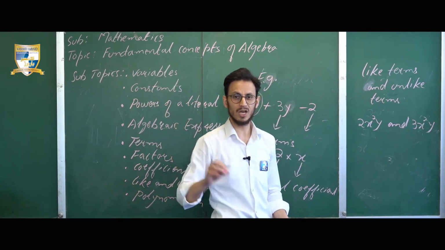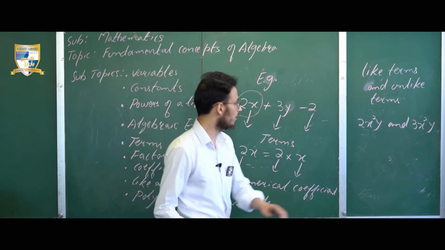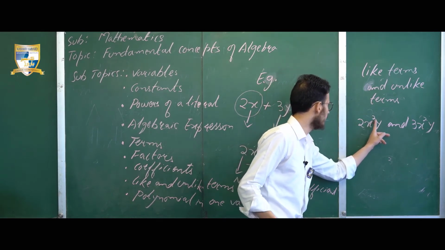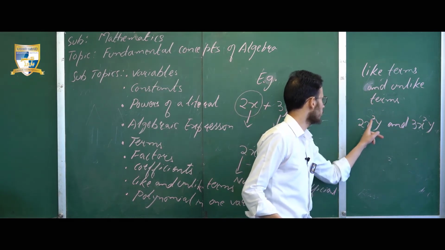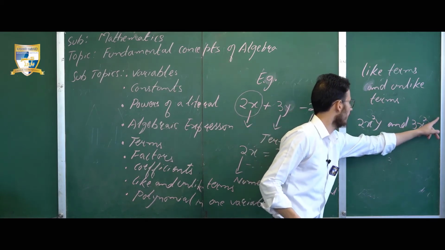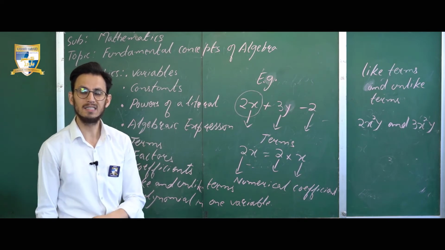It doesn't matter. To check whether the terms are like or unlike, we need to check the variable part. If the variable parts have the same power, x square having the power 2, y and y having the power 1, so we can say that these terms are like terms.